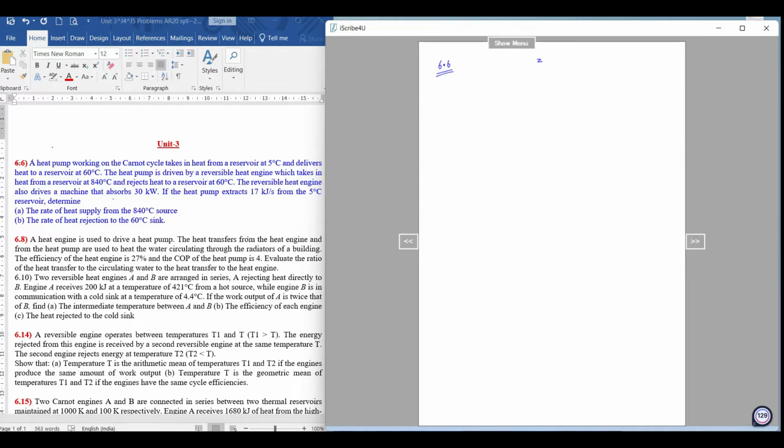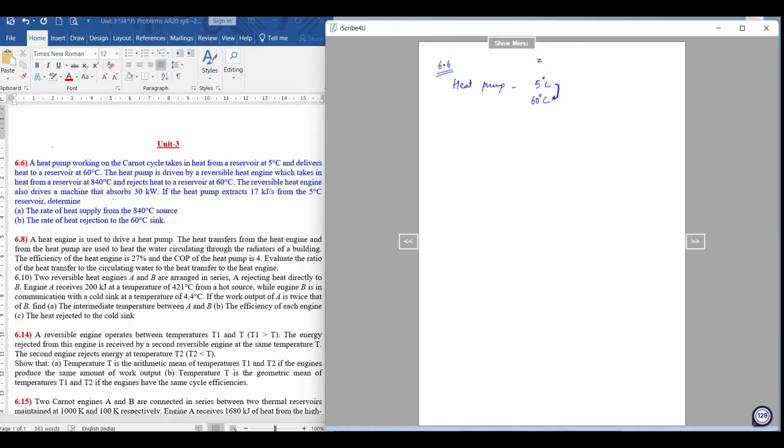A heat pump working on the Carnot cycle takes in heat from a reservoir at 5 degrees centigrade and delivers heat to a reservoir at 60 degrees centigrade. So the heat pump is operating between 5 and 60 degrees centigrade.